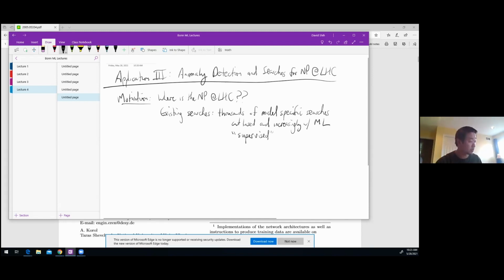Okay, so it's a supervised approach. But what if, so model-specific searches motivated by cool things like supersymmetry, extra dimensions, etc., right? But what if we don't know what we're looking for?